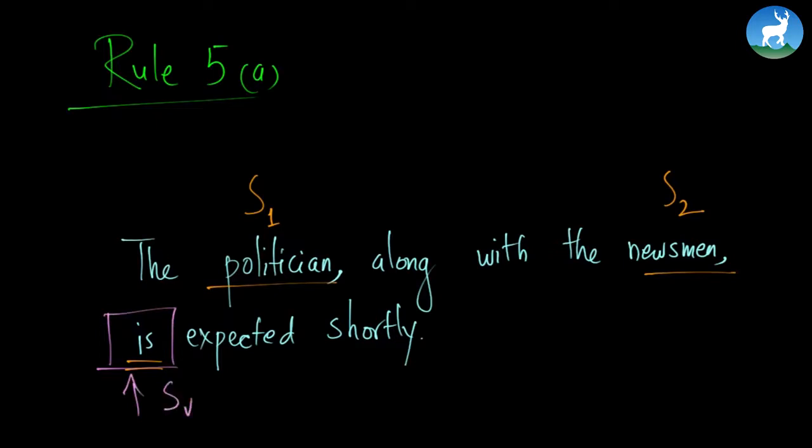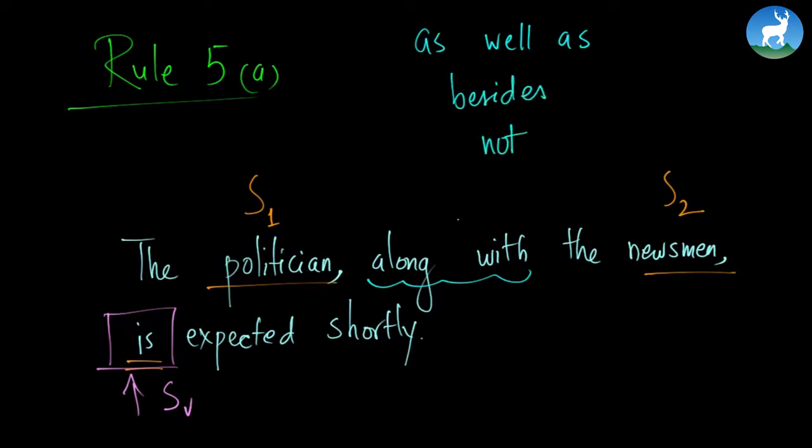And why do we do that? Because sometimes the subject is separated from the verb by words like "along with," sometimes "as well as," sometimes "besides," sometimes even the word "not."